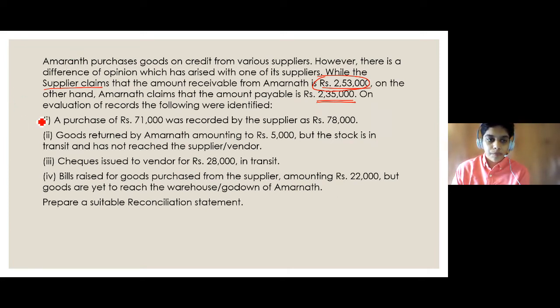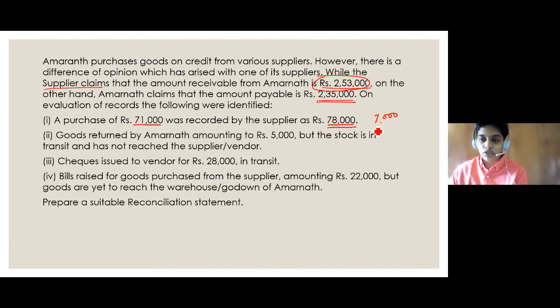The first item is that purchase of rupees 71,000 was recorded by the supplier as 78,000. The amount of purchase was lower, but the amount recorded by the supplier was higher. Since the amount was recorded more, we need to deduct it from the balance that the supplier is showing. Now the difference between these two amounts, 78,000 minus 71,000, is rupees 7,000.